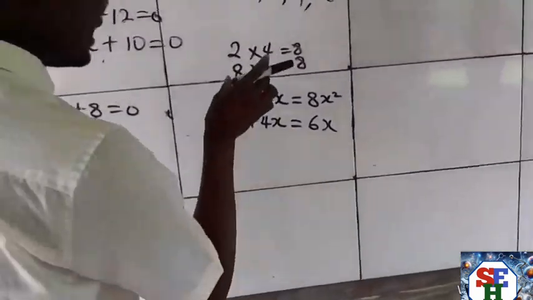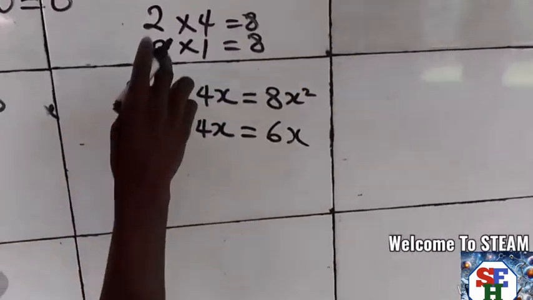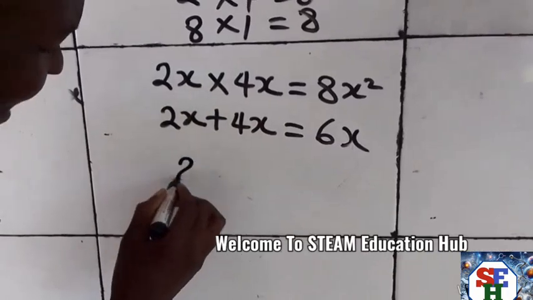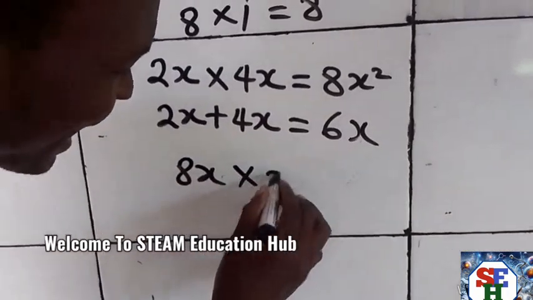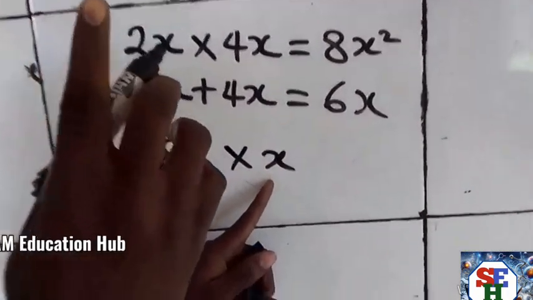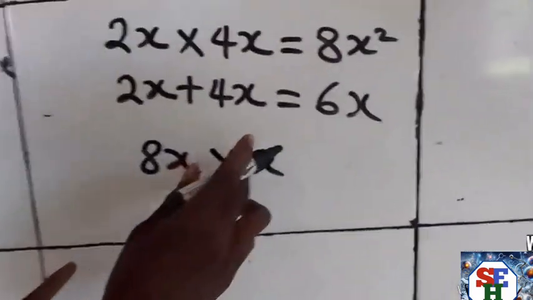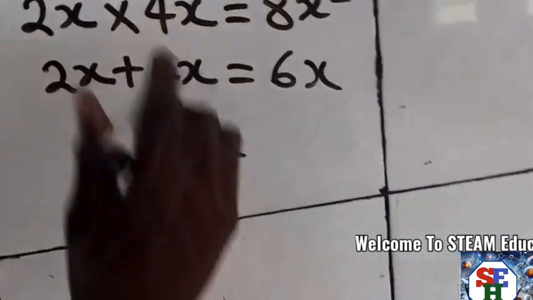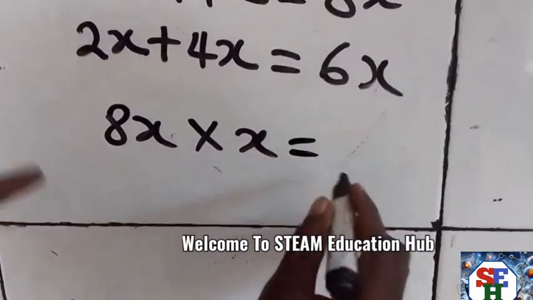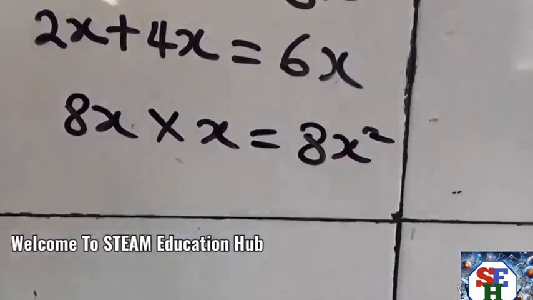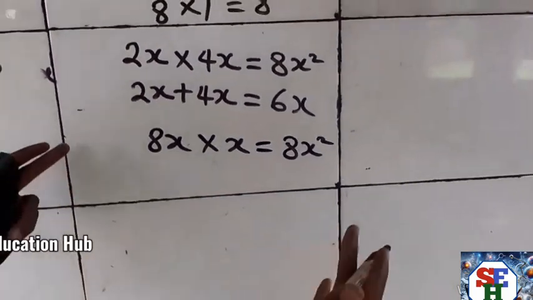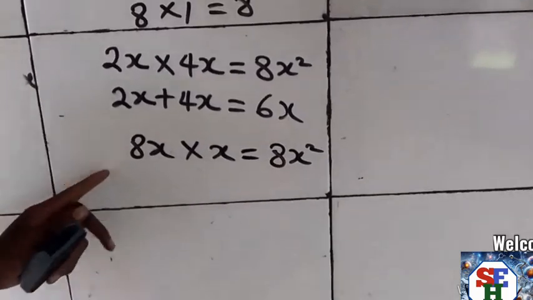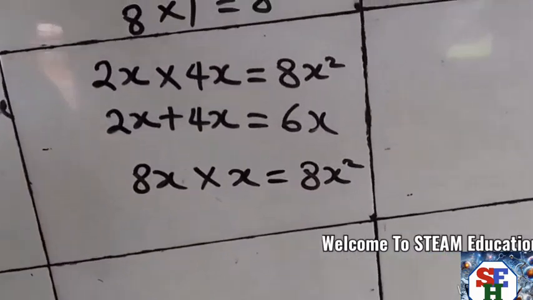Now, let's consider the other one. Say 8x multiplied by x. You know, x that is standing ordinarily is 1x, so we don't need to add 1 as a coefficient. So we now have 8x squared. That is okay. But let's look at whether, by the time we add them or subtract them, it can give us 6.